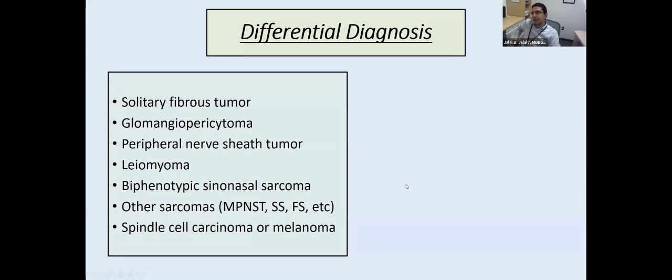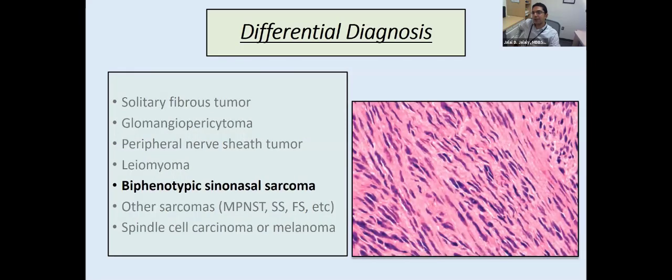So here's our differential diagnosis again. I went through the benign entities first because this was apparently low grade based on our morphology. But one tumor to think about also is biphenotypic sinonasal sarcoma, because those can be on the blander side, and as you can see here, they're usually more hyperchromatic and somewhat atypical, but you can definitely entertain that possibility.